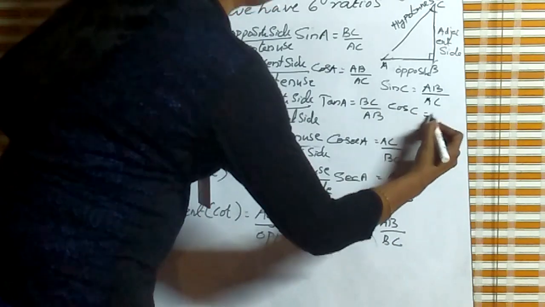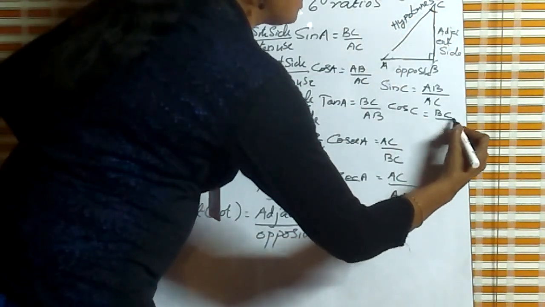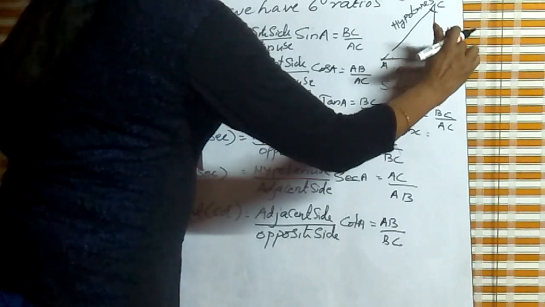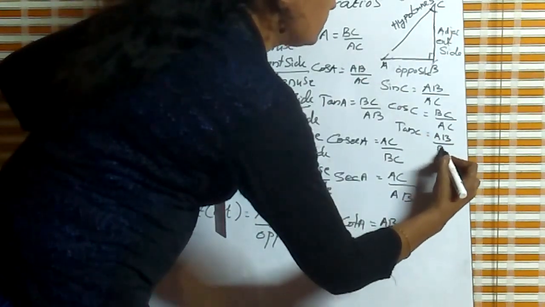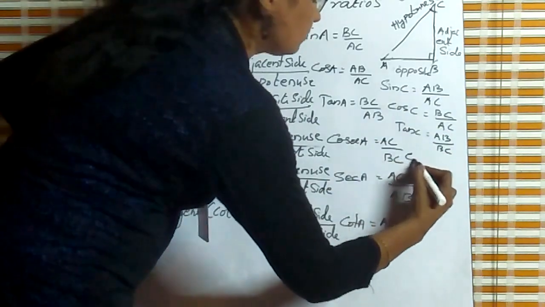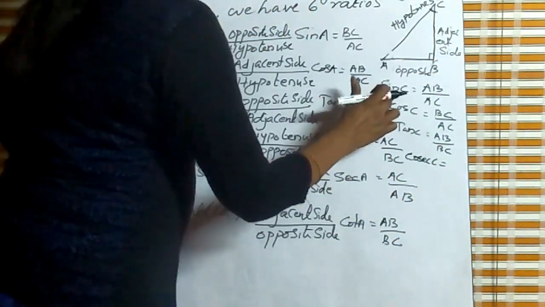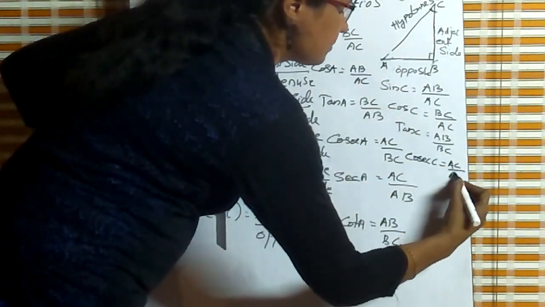Then what is cos C? Adjacent side by hypotenuse, BC by AC. Tan C is opposite side by adjacent, that is AB by BC. Then cosec C is equal to the reciprocal of sin C, AC by AB.